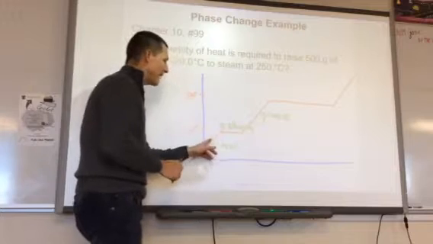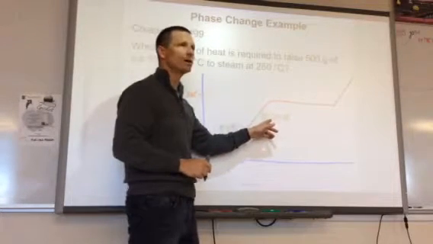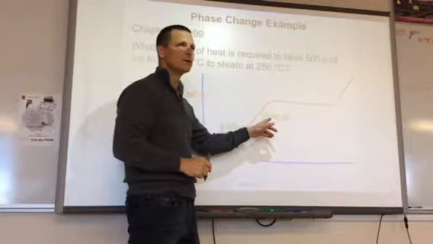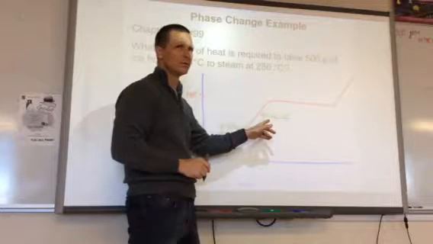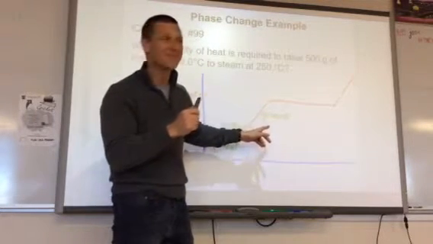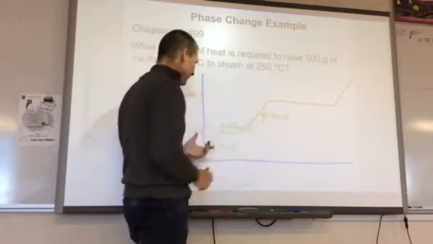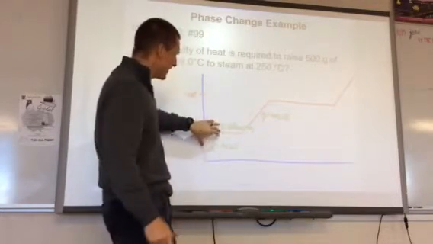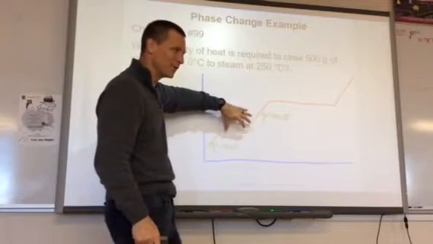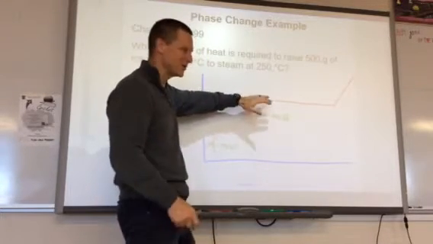Now, could we combine this Q with this Q? No. Different specific heats. This is not liquid water. That's not solid water. These are different, so they've got different specific heats. So you have to calculate this Q, calculate that Q for melting, calculate that Q for liquid water change in temperature.